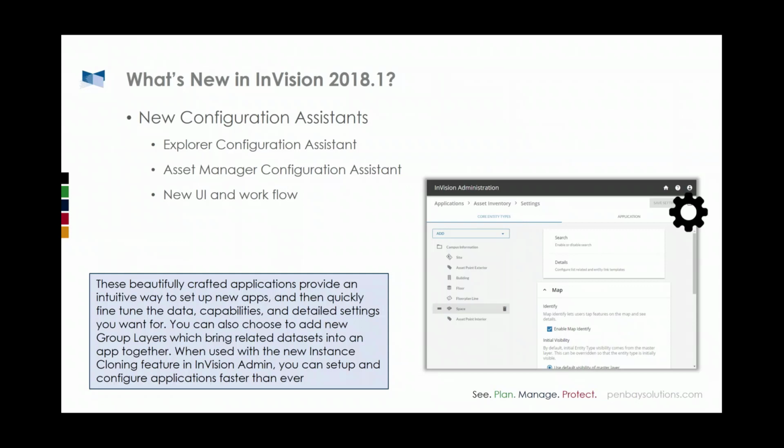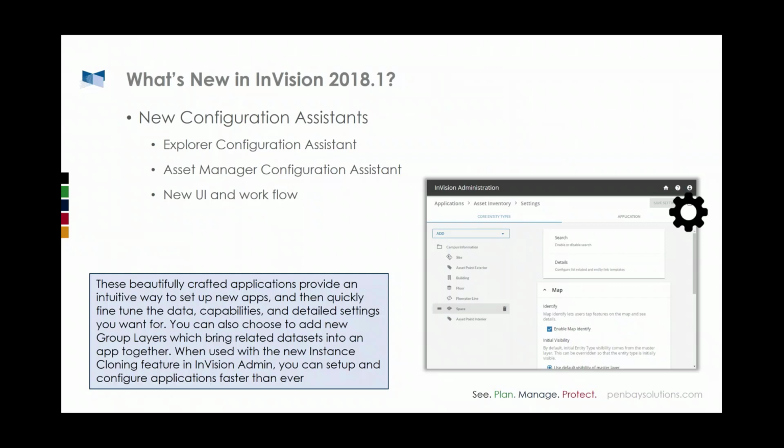But the new configuration assistants really reimagine that whole configuration process. Some of the new concepts that are released in InVision 2018.1, like group layers, kind of add another level of complexity to configuration.